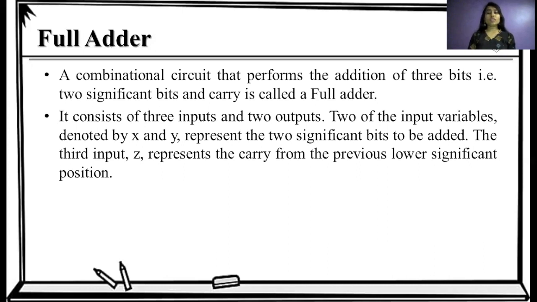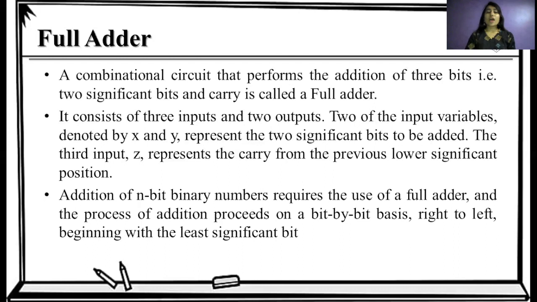Two of the input variables, denoted by x and y, represent the two significant bits to be added, and the third input z represents the carry from the previous lower significant position. Addition of n-bit binary numbers requires the use of a full adder, and the process of addition proceeds on a bit by bit basis, right to left, beginning with the least significant bit.